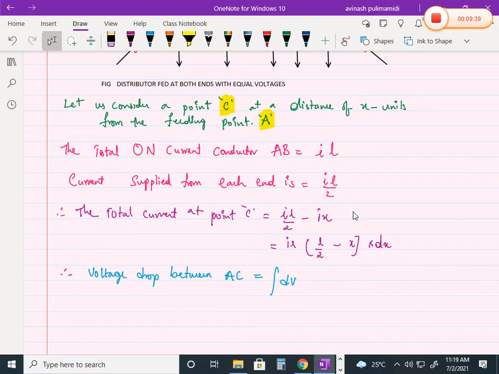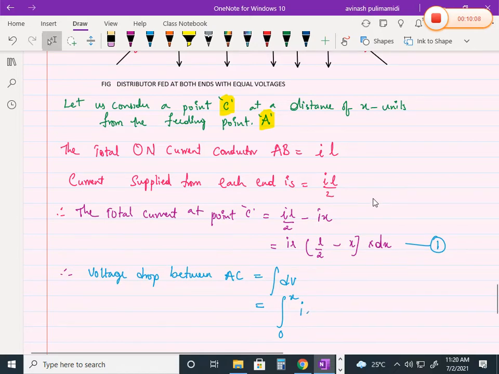What is the integral of dV? It is I into R. The integral will be taken from 0 to x distance. We have considered x distance from feeding point A, so we take from 0 to x. This will be equation number 1.